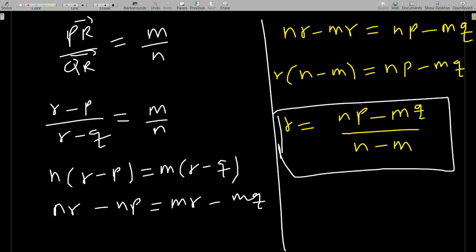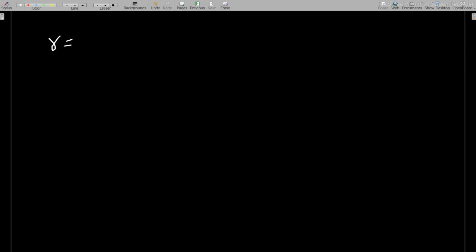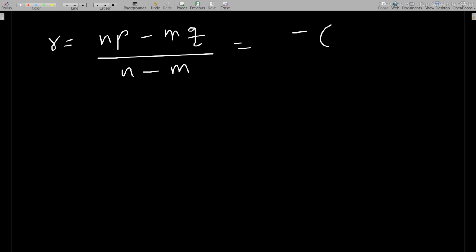Now, other books will want to simplify this expression in a different way. Okay, so having r equal to NP minus MQ over N minus M in the external division, other books will want to continue and say that if I factor -1 out in the numerator, I'll get MQ minus NP.